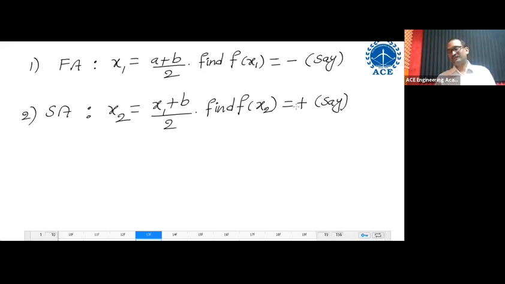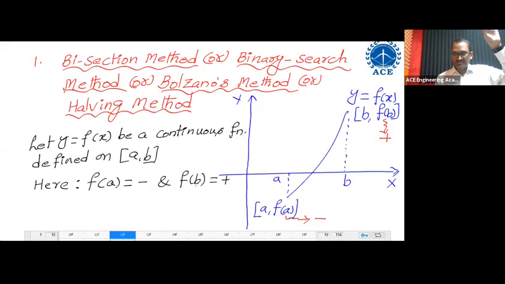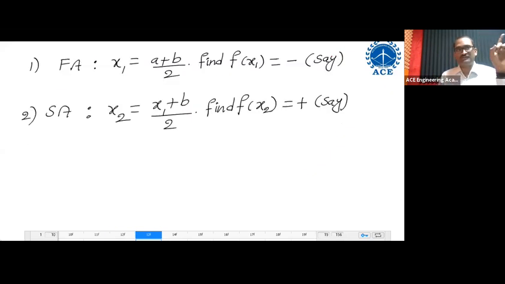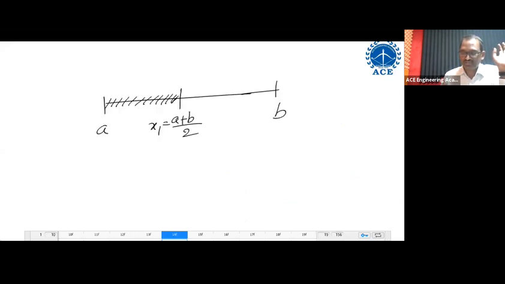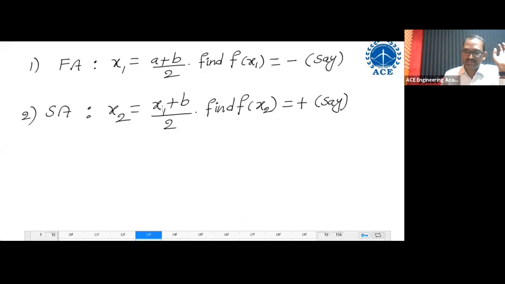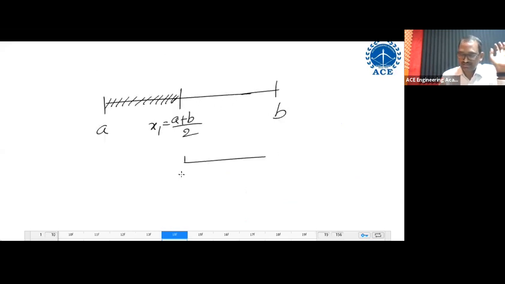If f of x2 is negative, identify the latest positive sign, which occurs at b. So f of x2 and f of b are of opposite signs, so the root lies between x2 and b. x2 means exactly the middle point of x1 and b.